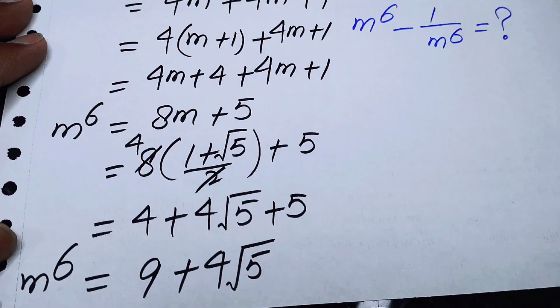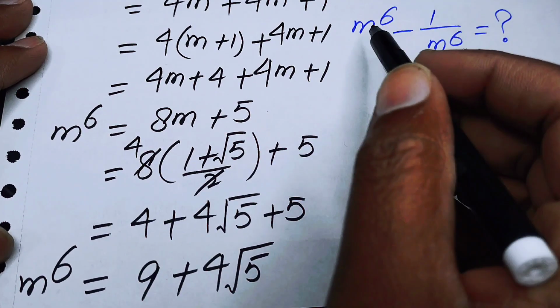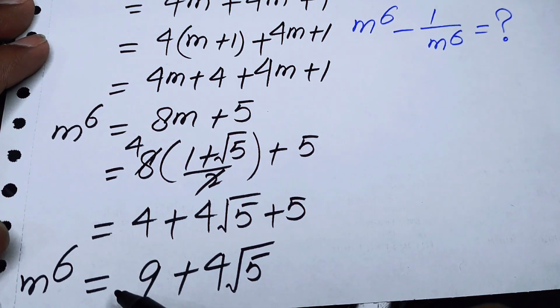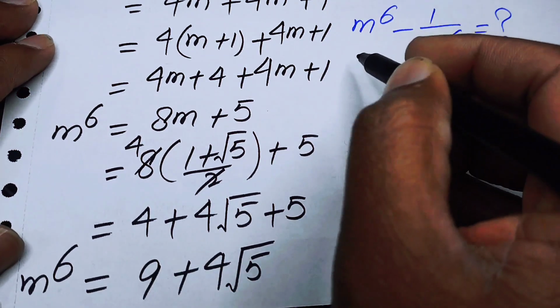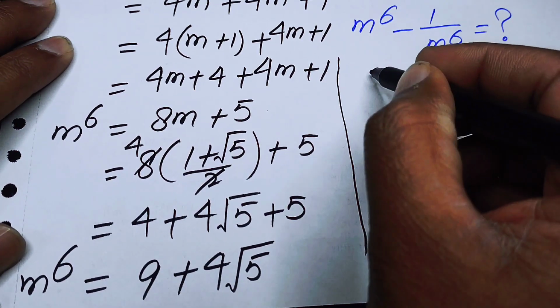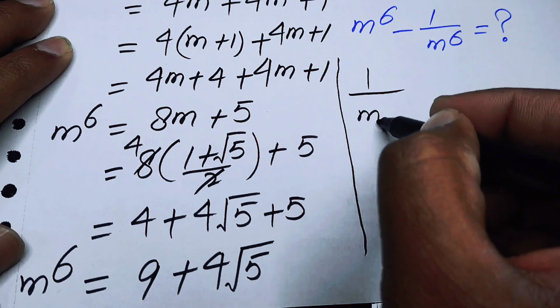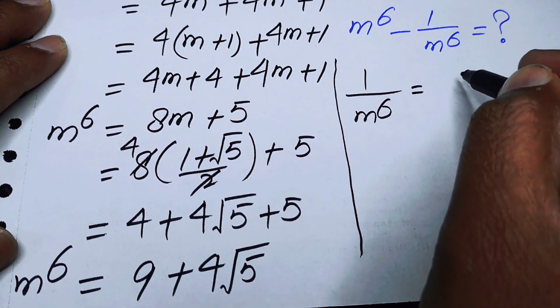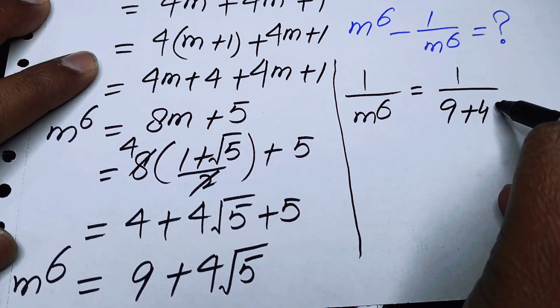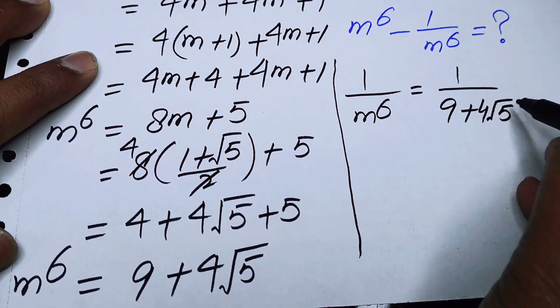Okay, so our question statement is we have to find the value of m to the power of 6 minus 1 over m to the power of 6, and here we have m to the power of 6. So now when we take the reciprocal of the term, we get 1 over m to the power of 6 is equal to 1 over 9 plus 4 times square root of 5.